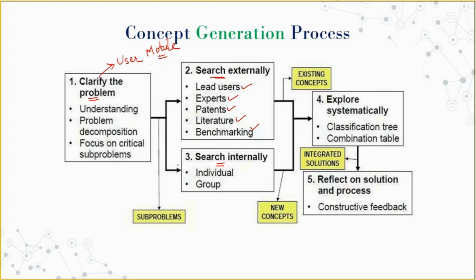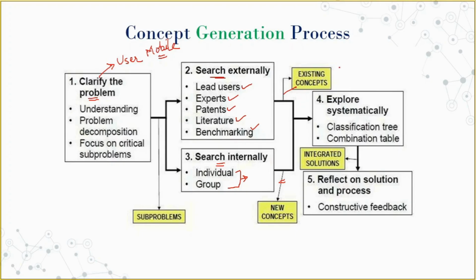From here you will see what existing products are there. Once you have checked externally, then you will check internally, and here you will try to identify the capacity as well as the capability of your team. So here you identify the existing concepts as well as new concepts from your team. Now you have various options with you.